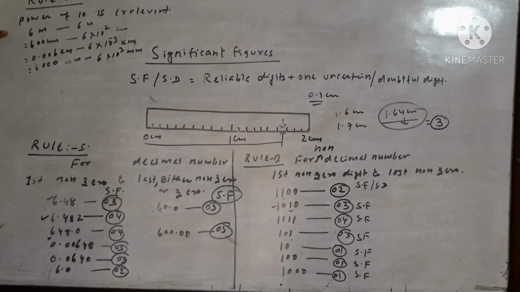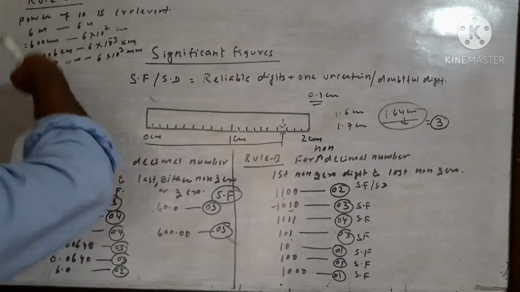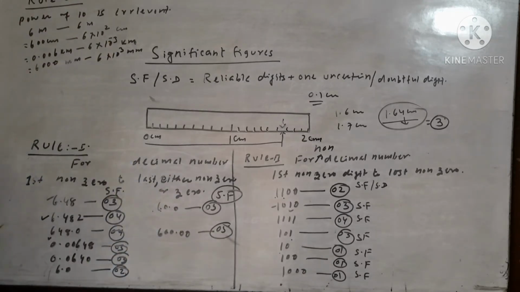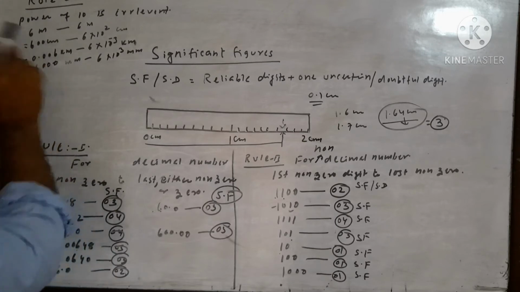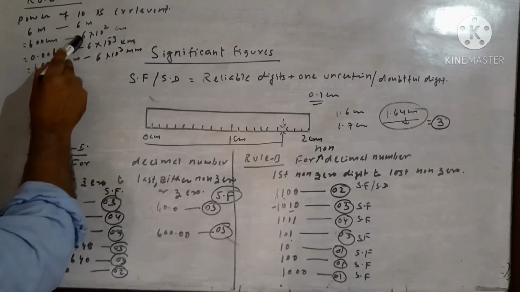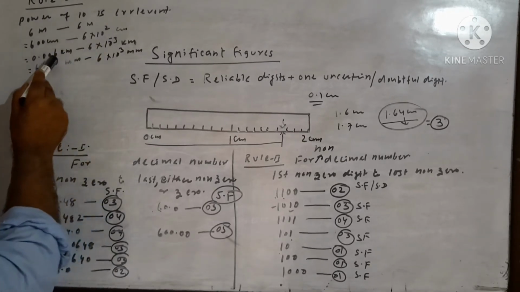Now come to another thing. If a measurement is 6 meter, then 6 meter is equal to 600 centimeter. 6 meter divided by 1000 is 0.006 kilometer, and 6 meter in terms of mm is 6000 mm. According to the rule, 600 centimeter has one significant digit, and it is 6 into 10 to the power 2.